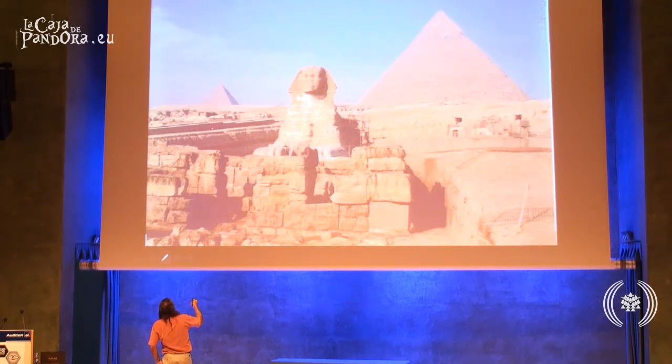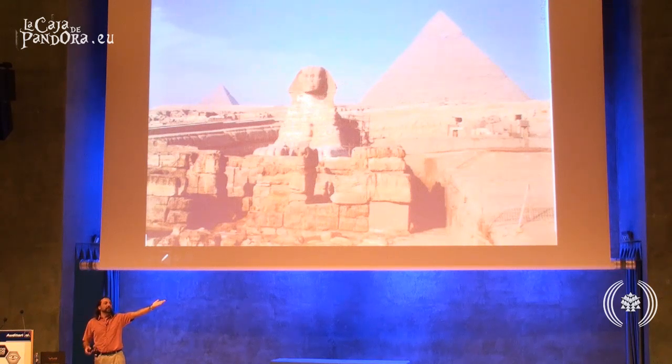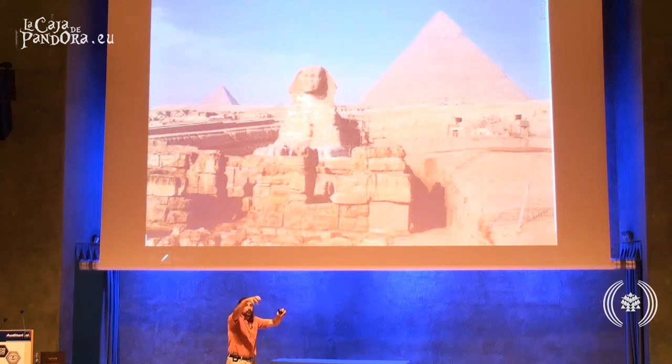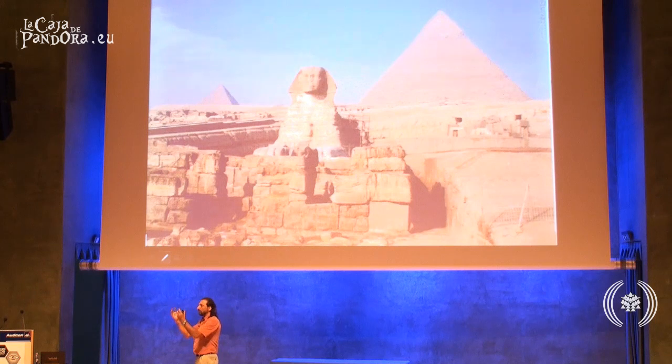And if you were commissioned to build the Sphinx, if somebody asked you, go and build me a Sphinx in the Giza plateau, you would go over there and you would carve it, right? If you were to carve it, you would have to remove blocks around the Sphinx to free it so that you could carve the body.